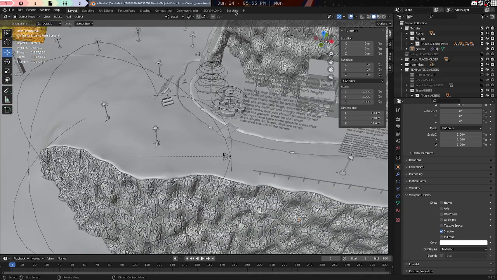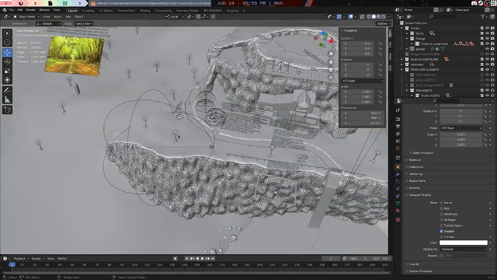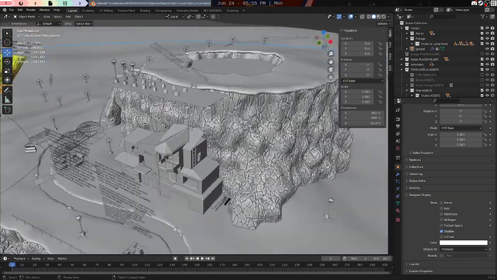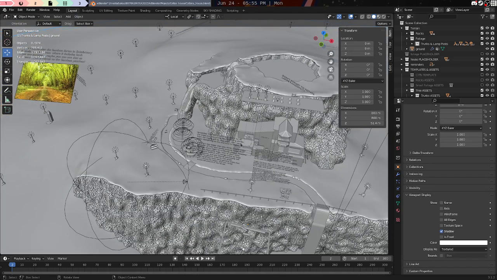So I tried scripting, and honestly, it would have probably been faster to do it by hand anyway, but that's the programmer way. I made this simple script to replace all currently selected objects with a randomly chosen trunk, and it worked.